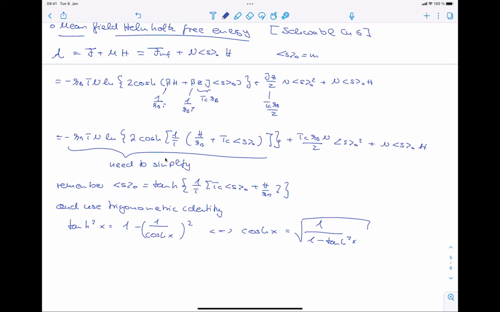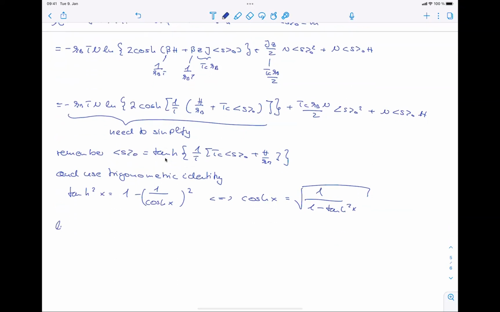That's the trick we're using. So then our ln 2 cosh, just copying down.